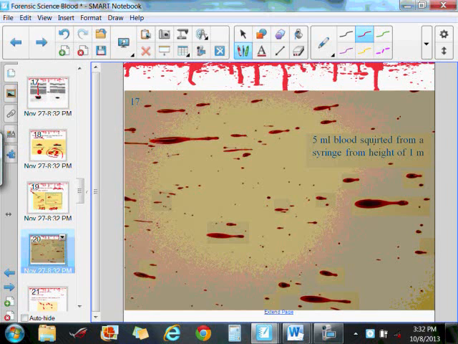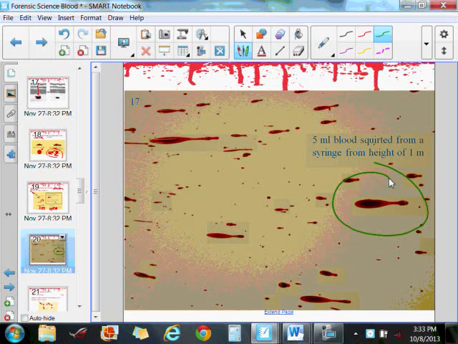So if you take a look at some blood spatter here, this was some blood squirted from a syringe from a height of 1 meter. Let's see if you can figure out what direction this blood was traveling in. Was it traveling to the left, or was it traveling to the right, according to this picture? All right, well, let's take a look. We're going to focus on this blood stain here just because it's nice and big.